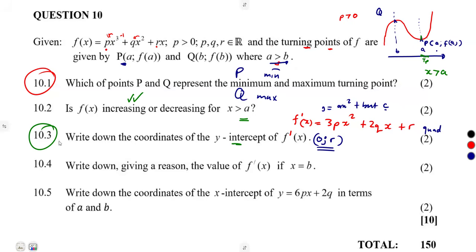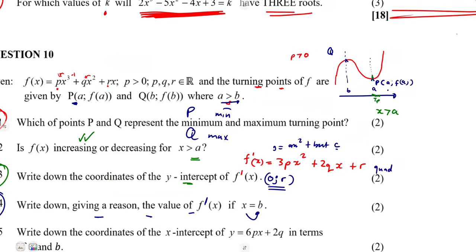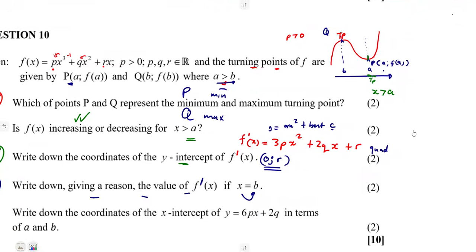All right, 10.4, write down, giving a reason, the value of the first derivative of x if x is equal to b. So guys, let's check. If x is equal to b, remember a and b are turning points. So where x is equal to b, it corresponds to the turning point.